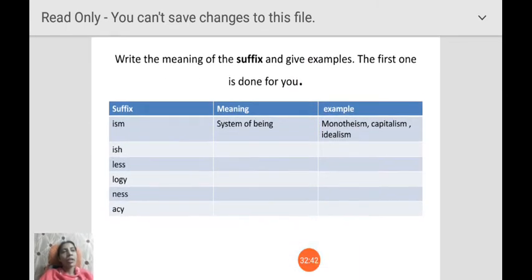Now, in the same way, let us look at the suffix. Here also I have done the first one for you. You think about it and write the meaning as well as the examples of the suffixes.